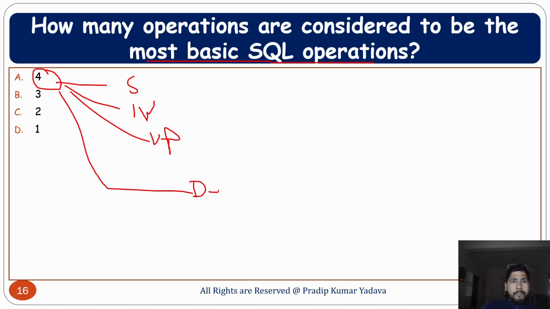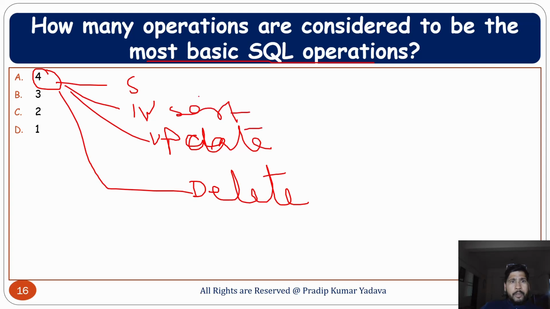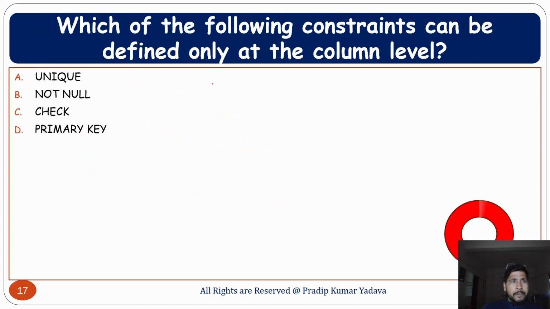So these are basically the four basic operations.